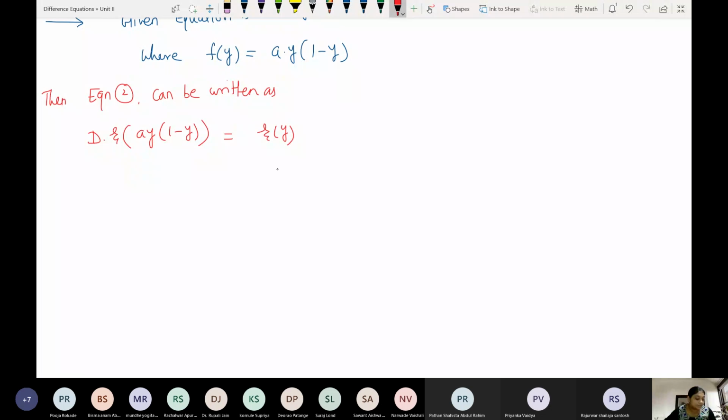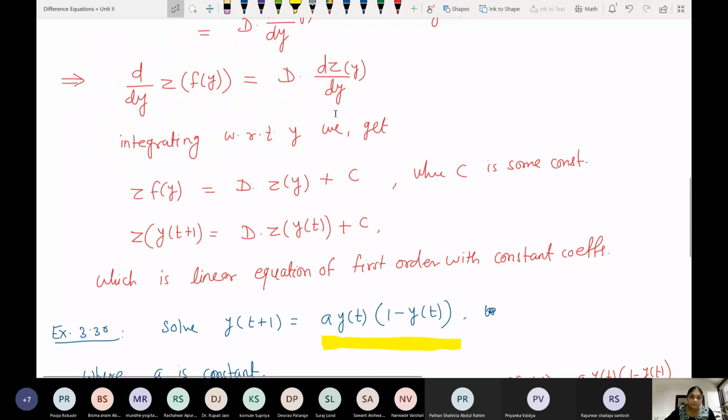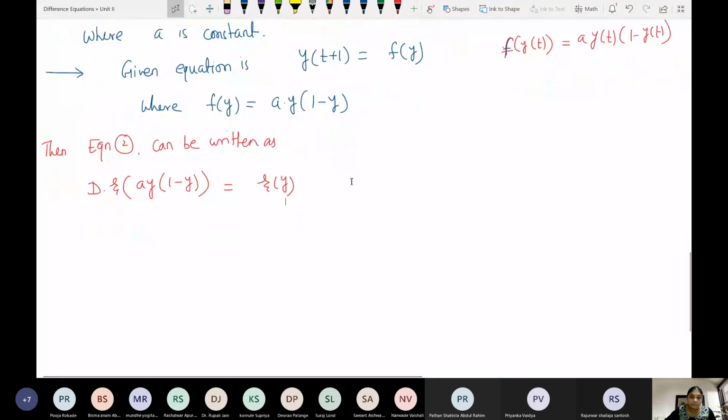So what will be that? A times 1 minus 2y. Is that okay? y square.